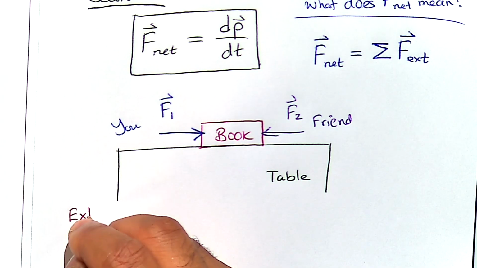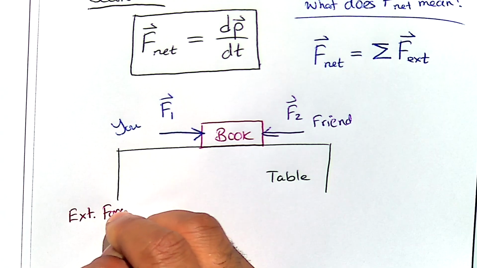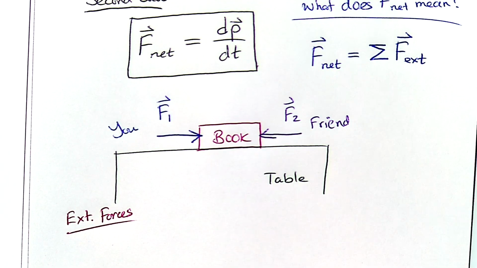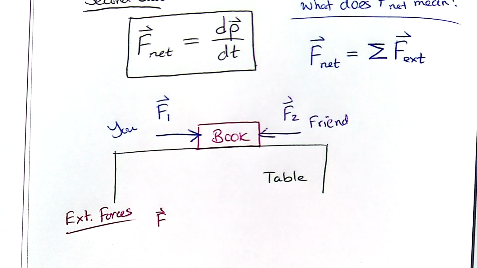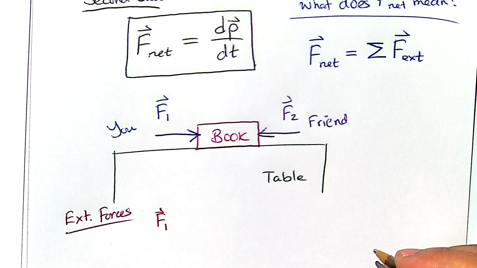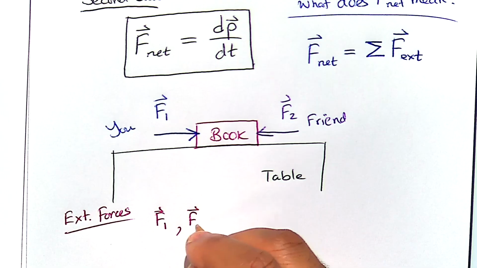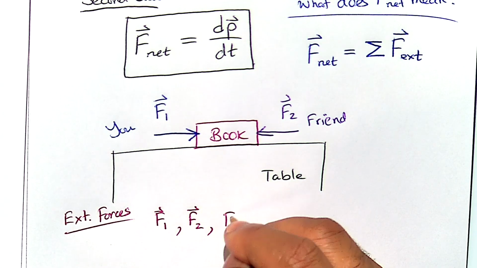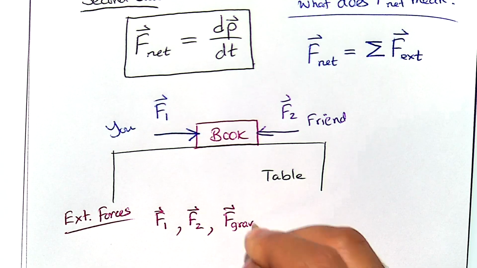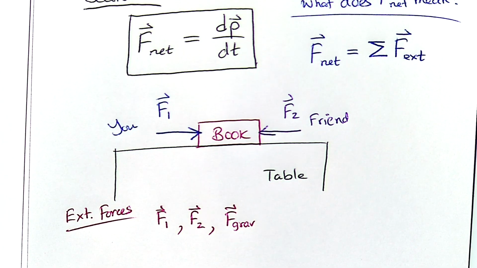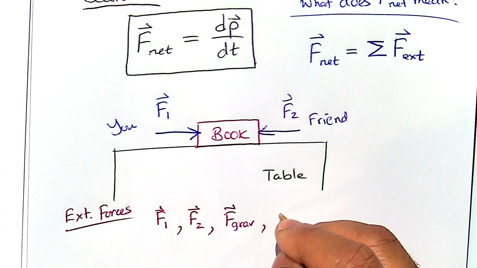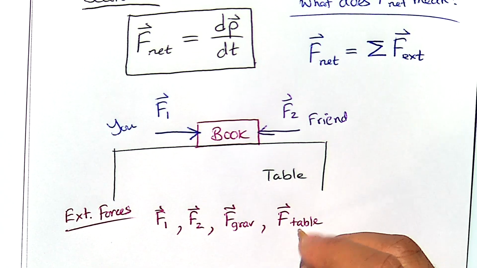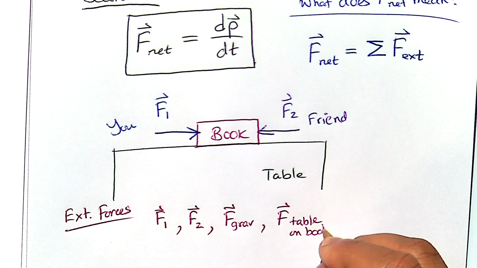So external forces, okay, what are they external to the book? Well, your force, the force you're applying on the book, your friend's force. Gravity's there. More on that later in the class. So gravity is acting on the book. What else? Well, there's a force from the table on the book.